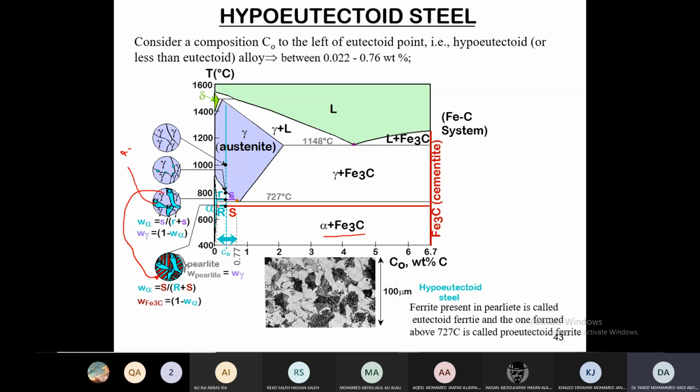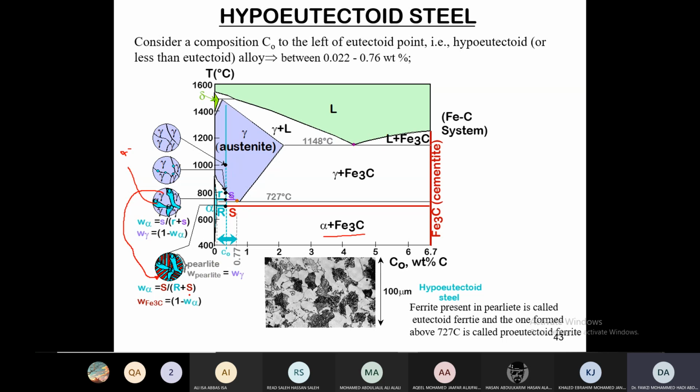Now at this point you draw another tie line, and the weight fraction of alpha is equal to S, the long segment, the far segment here, divided by S plus R. Of course, S will be 6.7 minus the eutectoid composition, 0.76, divided by 6.7 minus 0.022.